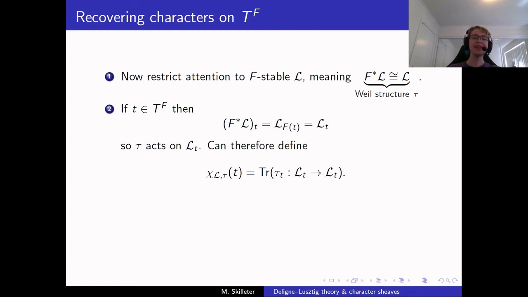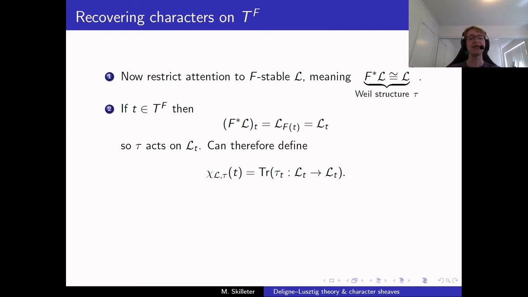Now, if the element little t happens to be fixed by the Frobenius, then the stalk of F^* of L at t is the stalk of L at t. So our Weil structure tau acts on the stalk of L at t. We can therefore define this function chi_{L,tau} to just be the trace of the induced map on the stalk.